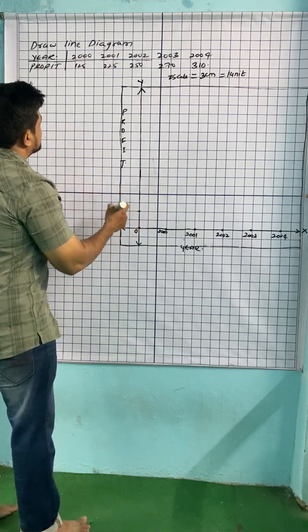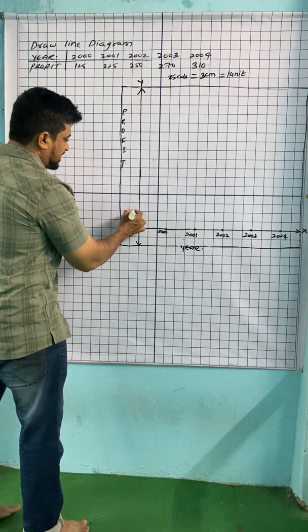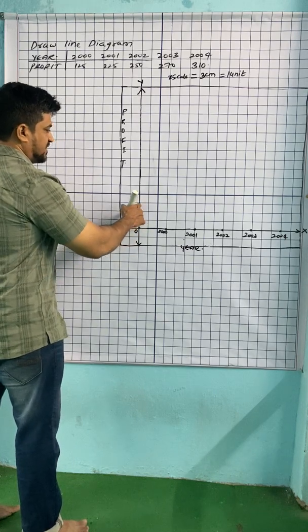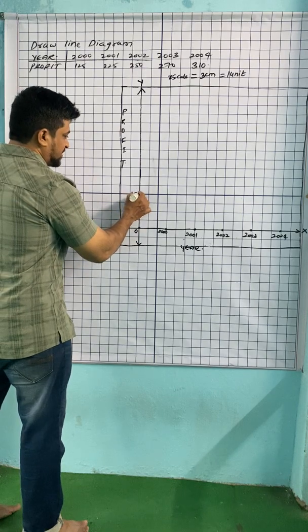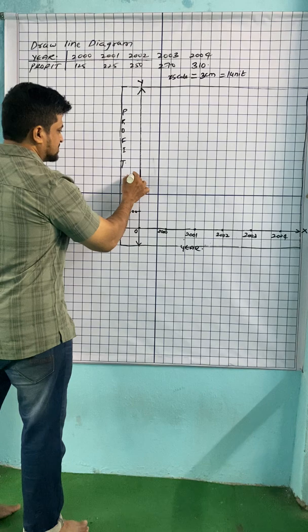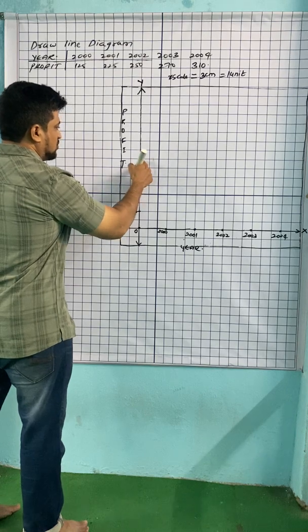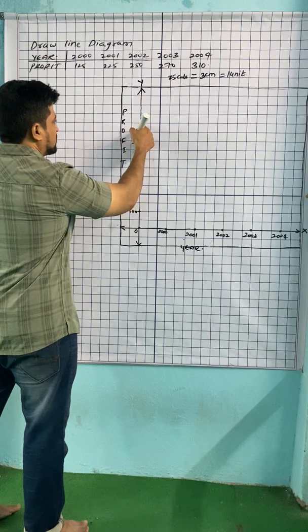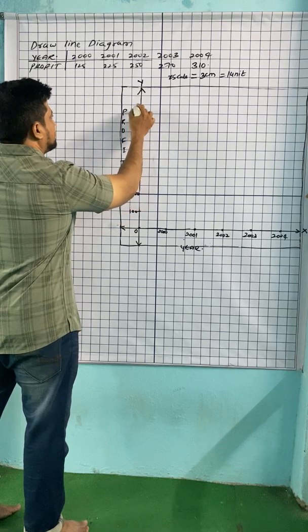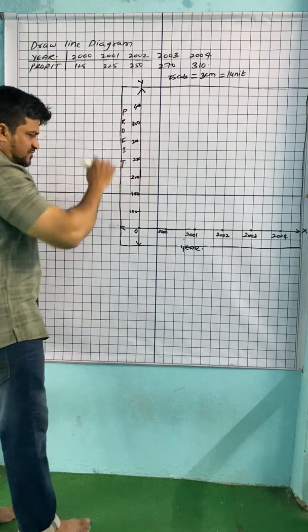The value is 125, so I will take 100. Then after 100, for 2 boxes I am taking 150, 2 boxes, 200, 2 boxes, 250, 2 boxes, 300, 2 boxes, 350. 400 also you can consider, your wish.